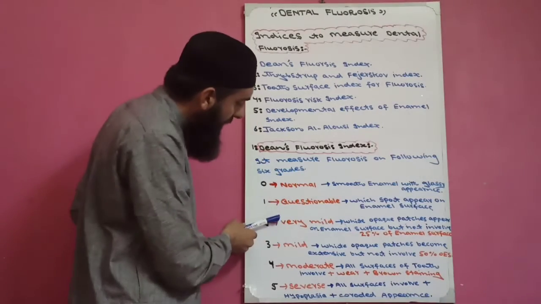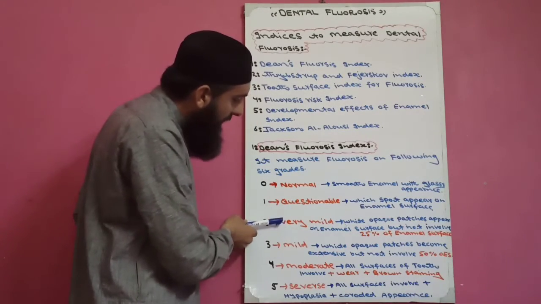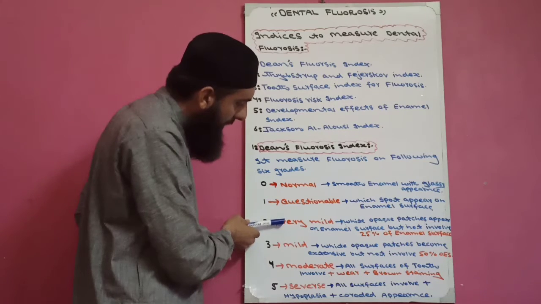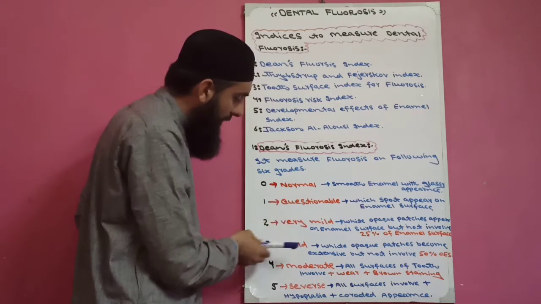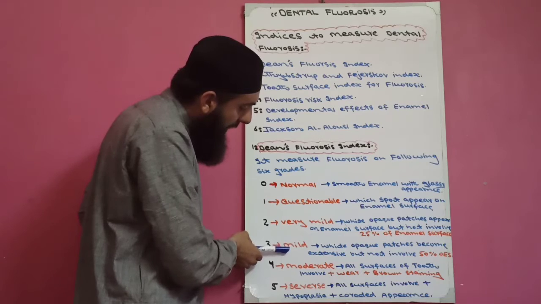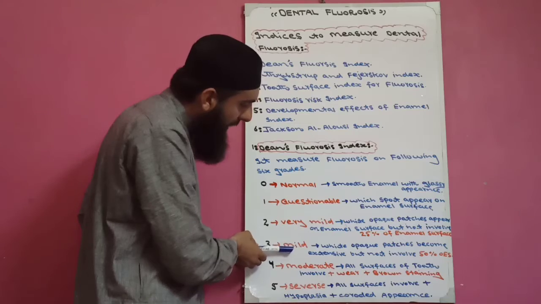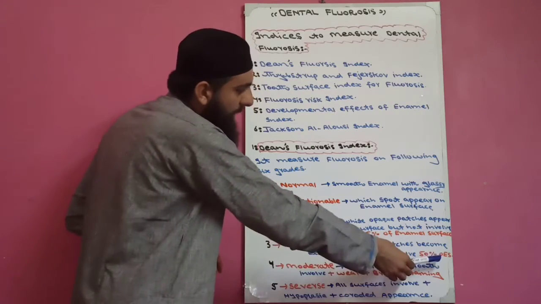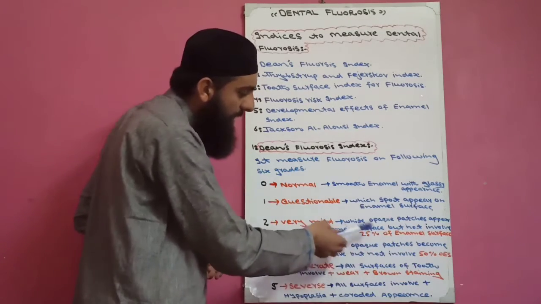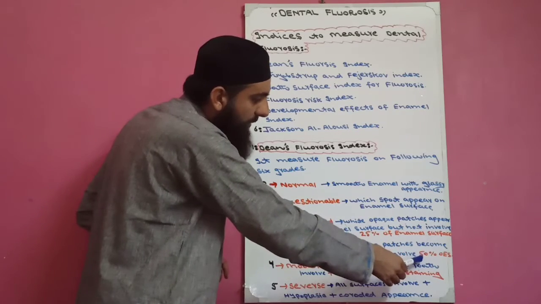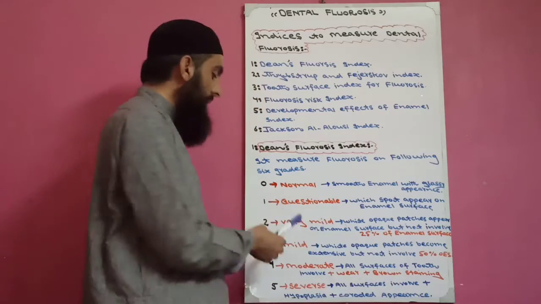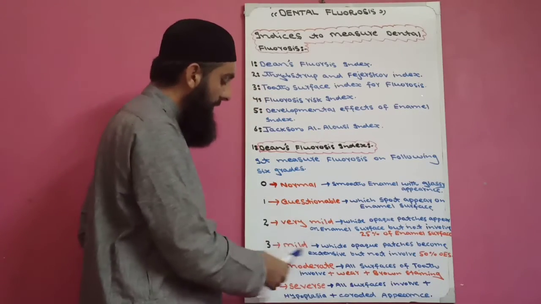Now, if we compare very mild and mild: in very mild fluorosis, white opaque patches appear on the enamel surface but do not involve 25% of it. But in mild fluorosis, white opaque patches become extensive but do not involve 50% of the enamel surface. Here less than 25% of the surface is involved, and here less than 50% but more than 25% of the enamel surface is involved. These are the basic differences between very mild and mild.